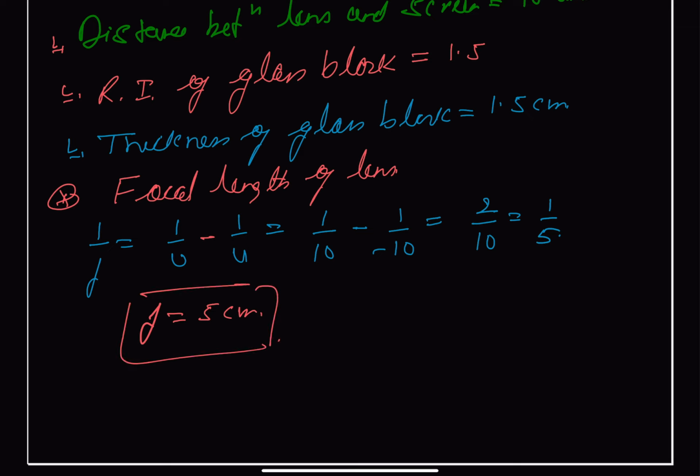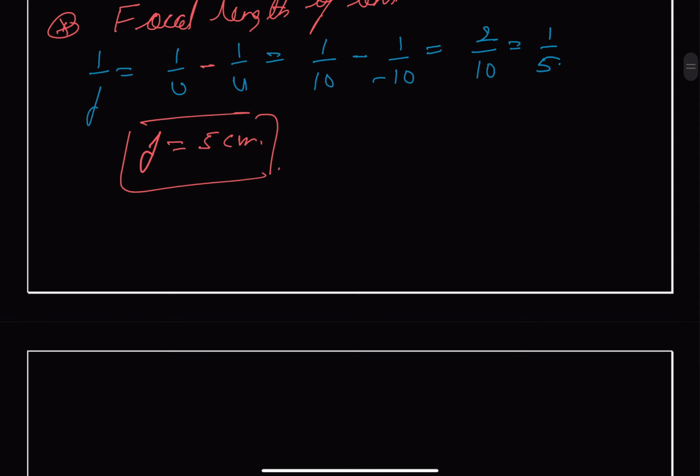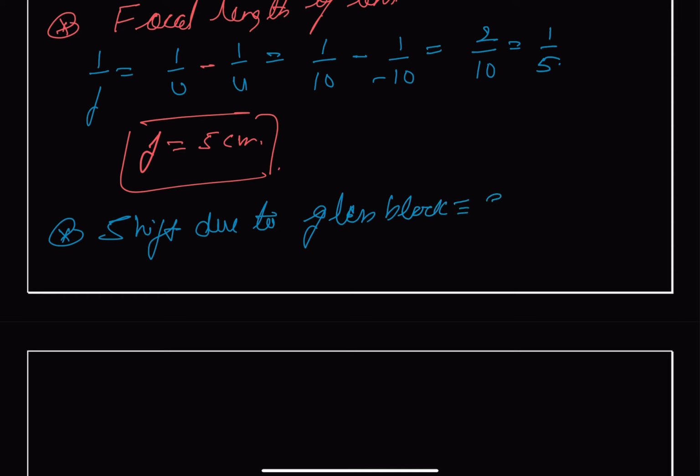Okay. Now we are going to find out the shift that is being introduced because of the glass block. Let us suppose that shift is given as S equal to t times (1 minus 1 upon mu).